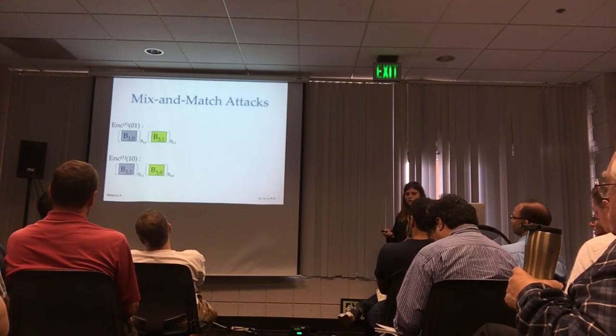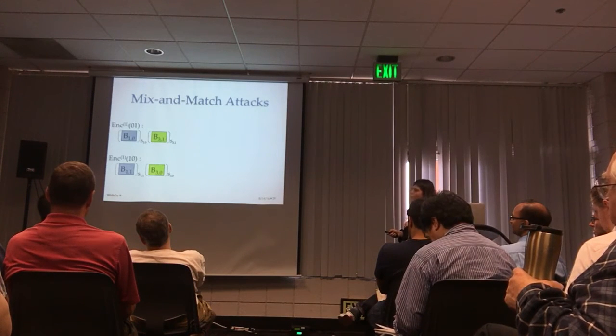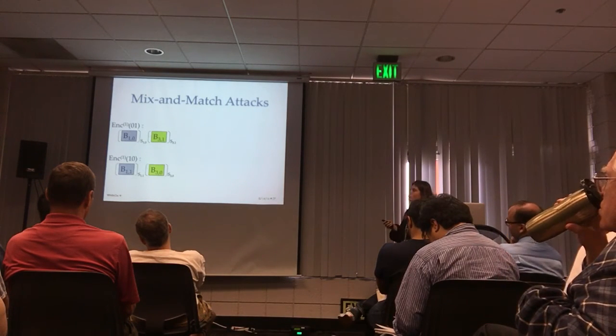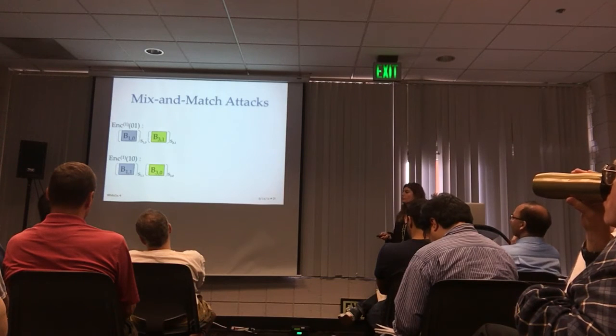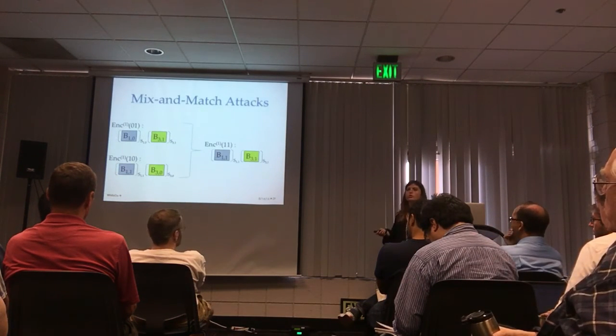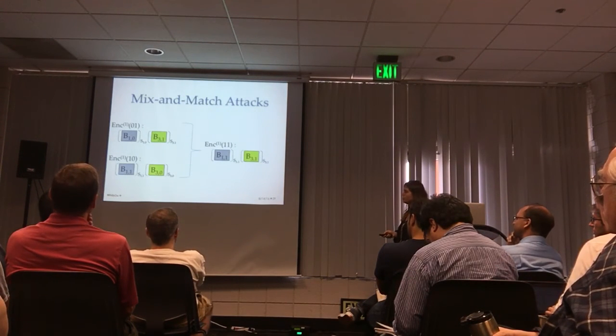However, this is not secure, because you can apply a type of mix and match attack. Here, if you're given an encryption for the first slot for 0, 1 and for 1, 0, you should not be able to obtain an encryption for 1, 1. However, with what we have done so far, there is nothing to prevent us from doing this. We can just mix and match from the different ciphertexts.